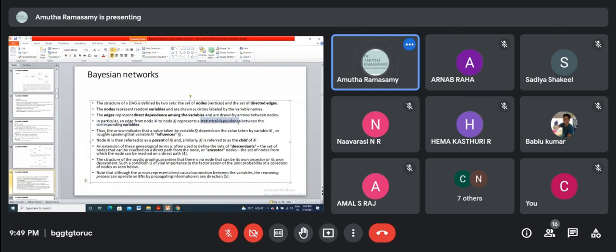So it is a statistical dependence between the state xi to xj. Thus, the arrow indicates that the value taken by variable xj depends on the value taken by variable xi. What does it mean? This xi influences xj. That means xi is the parent of xj and xj is a child of xi.